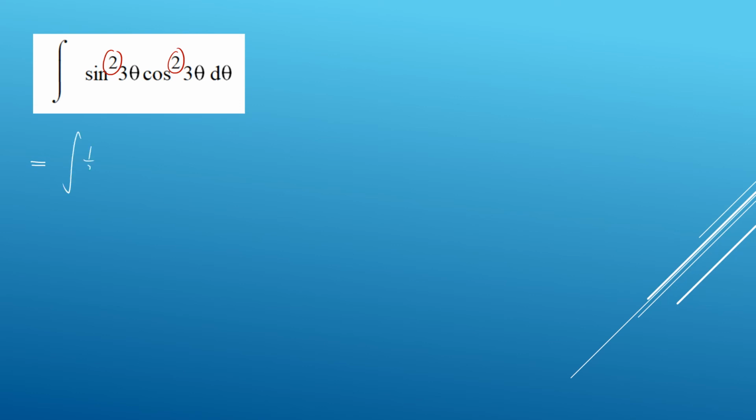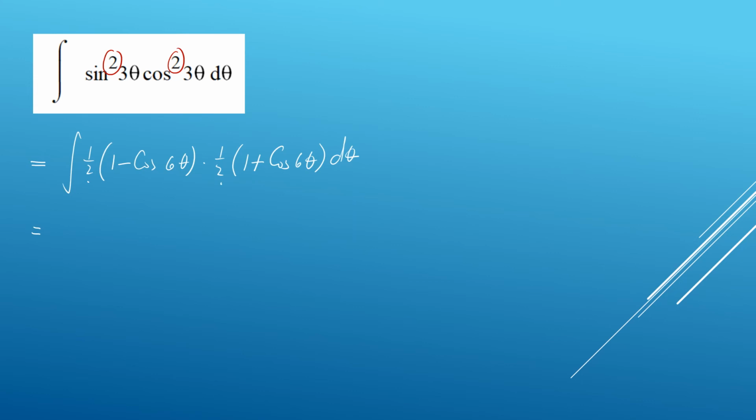Sine squared is 1/2 the quantity 1 minus cosine of twice the angle. 3 theta will become 6 theta. For cosine squared 3 theta, the identity is 1/2 1 plus cosine of twice the angle. So again, it becomes 6 theta d theta.